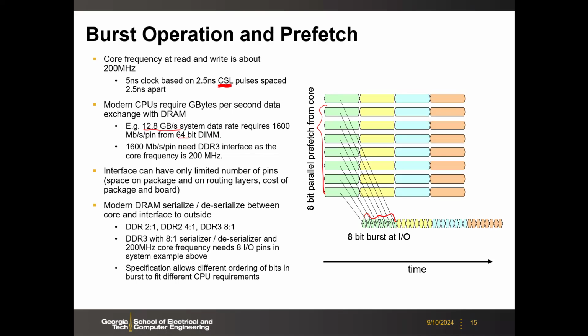If you are on a 64-bit data bus, each pin needs 1.6 gigabits, or 1,600 Mbps per pin, because you divide it across the 64 pins for the system. And each pin, if you use DDR3, will get this data rate.